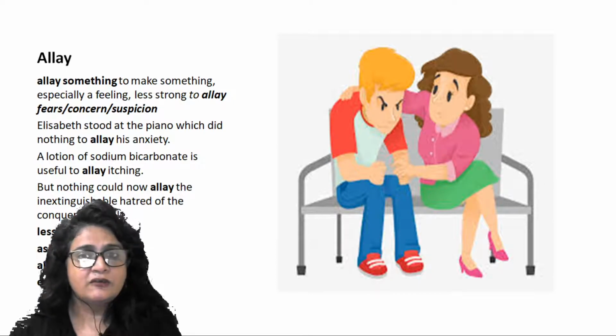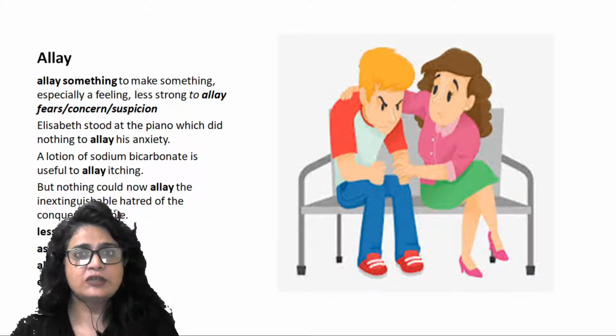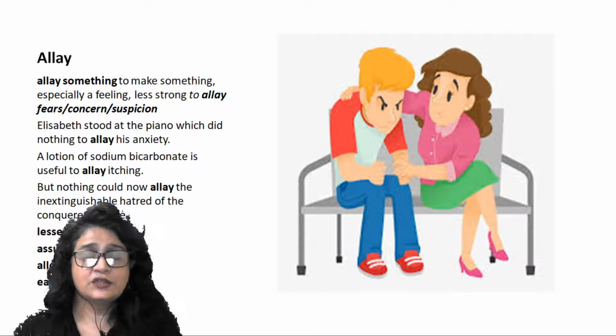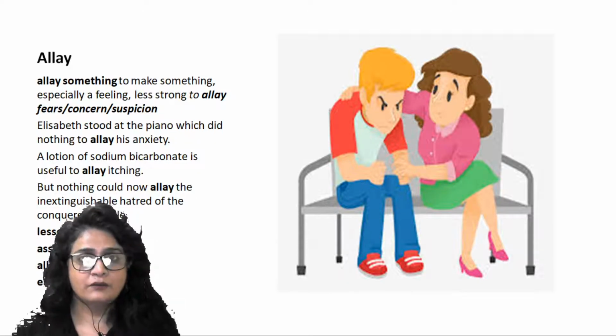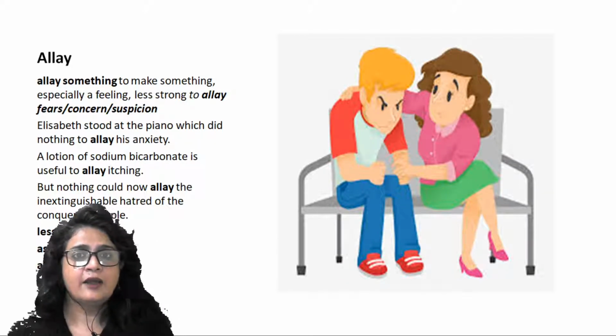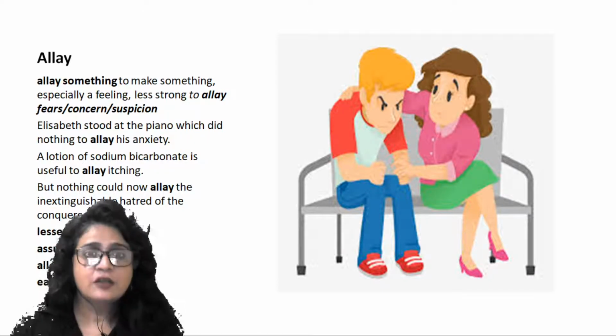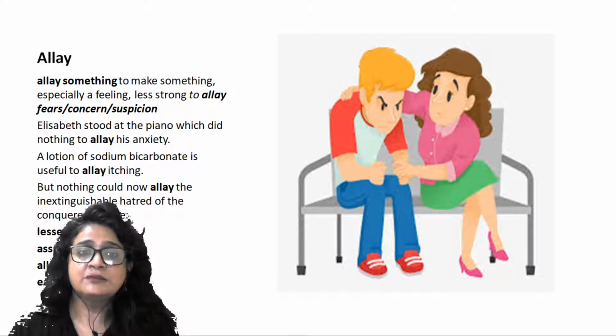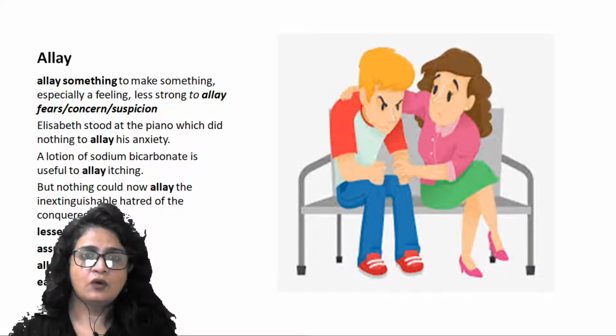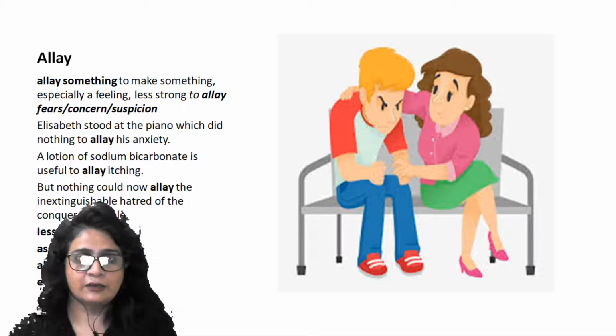So whatever feeling she's going through, she's trying to address it. She's trying to bring it down, right? So allay is to bring down any negative emotion, feeling or state, all right? So allay something is to make something, especially a feeling, less strong or less severe, right?